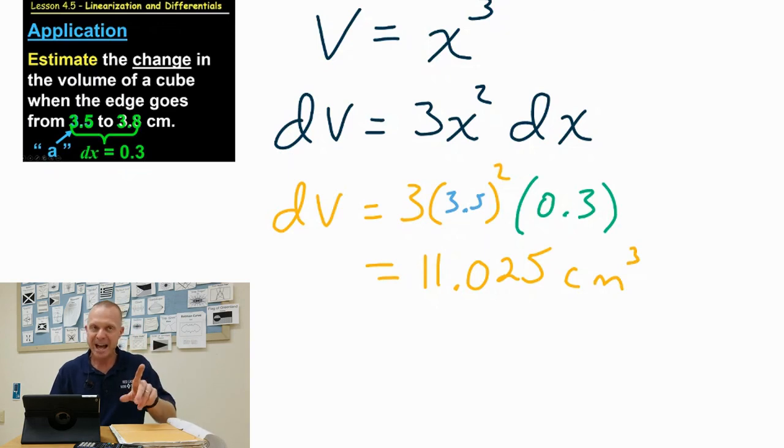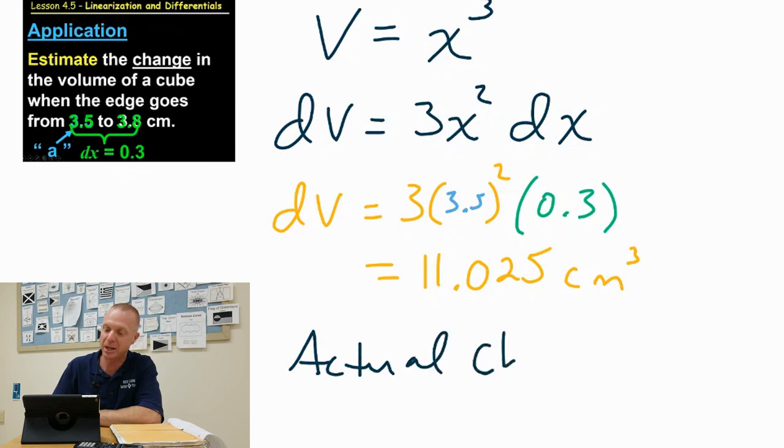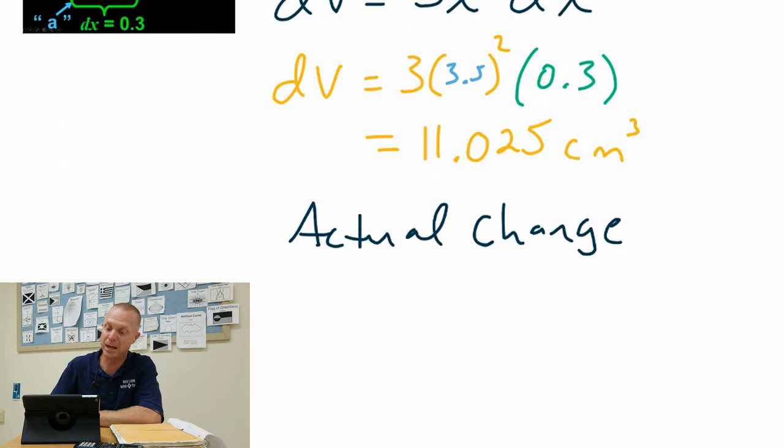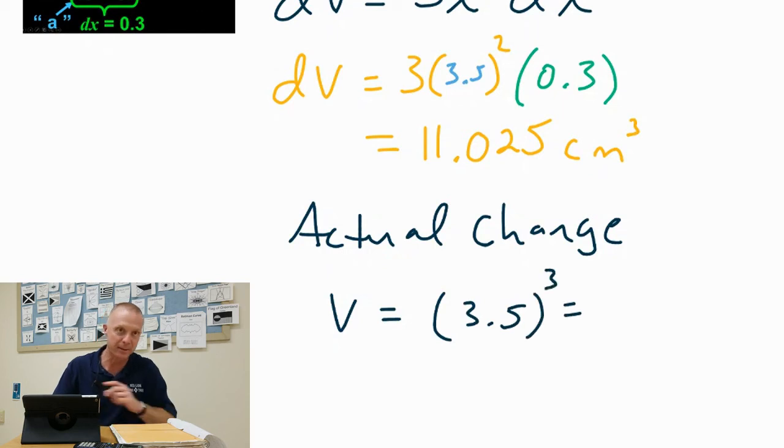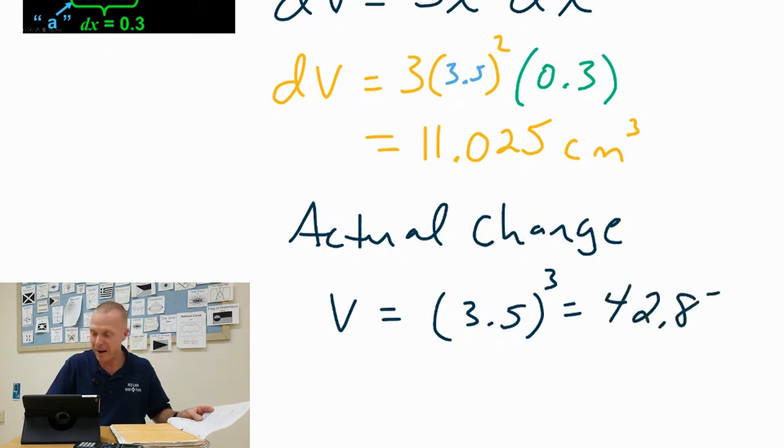Now, even though I didn't ask you to do this, it's not bad for us to think about the actual change. And the actual change, as we've said a couple times, comes from actual values. So yes, I'm going to need the actual volume at 3.5. As we already said, that's pretty easy to find. So I can just plug in 3.5. I can cube it. We end up with 42.875.